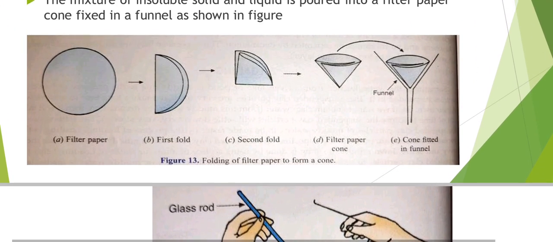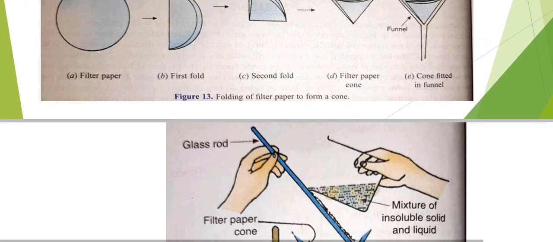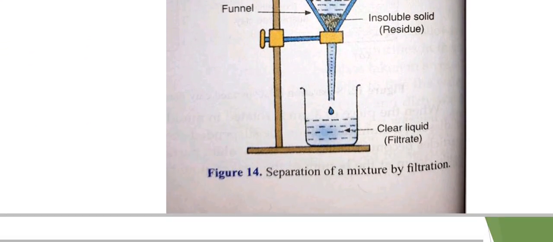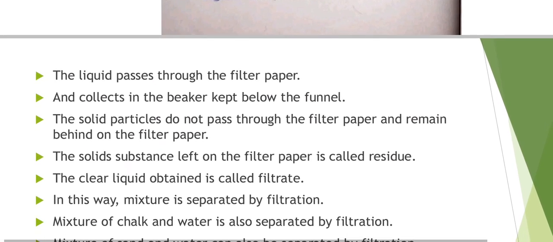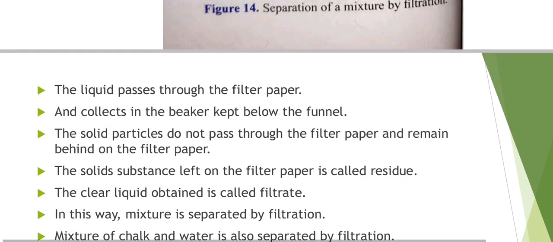Now the method. First point: the mixture of insoluble solid and liquid is poured into a filter paper cone fixed in a funnel as shown in the figure. Next point: the liquid passes through the filter paper and it will collect in the beaker kept below the funnel.